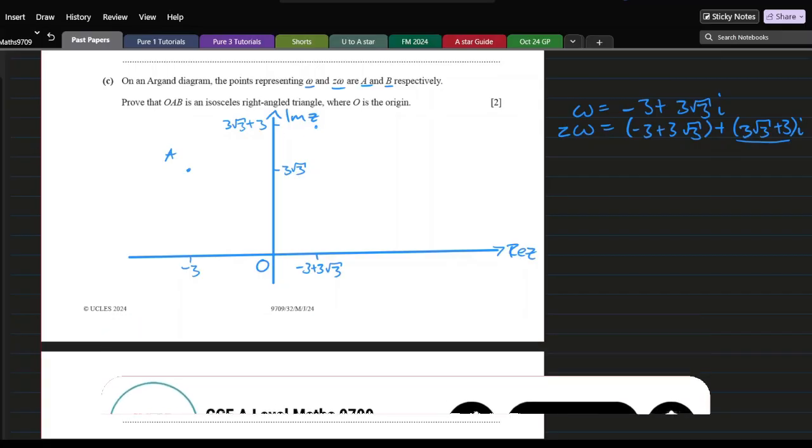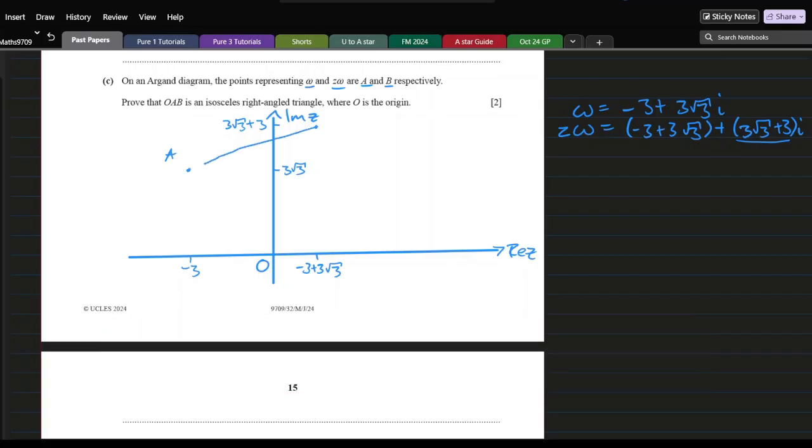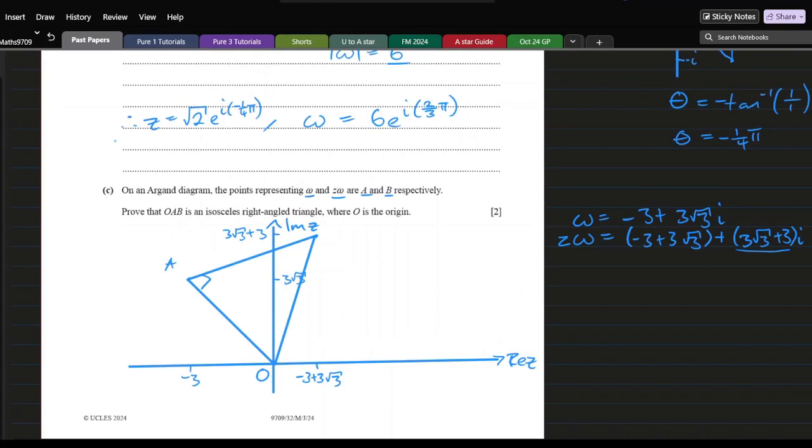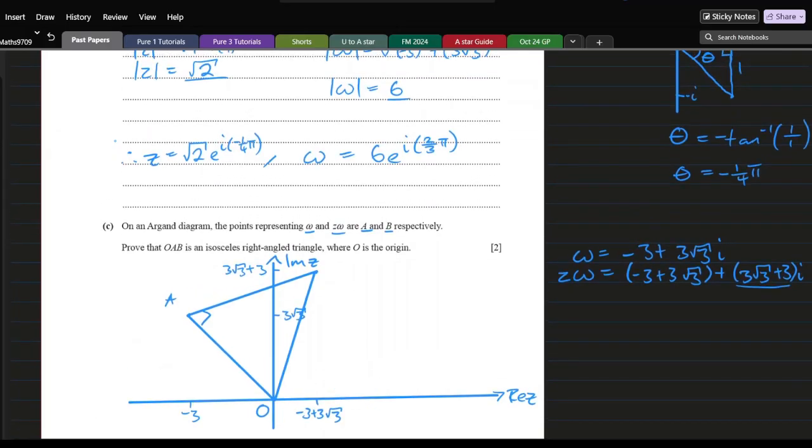Let's join the points to form our triangle from A to O, and then from O all the way to B. Our right angle should be over there, but my diagram is quite poor, so that's why it's a bit off. Anyways, we know that the modulus of A is the modulus of omega, which is 6.